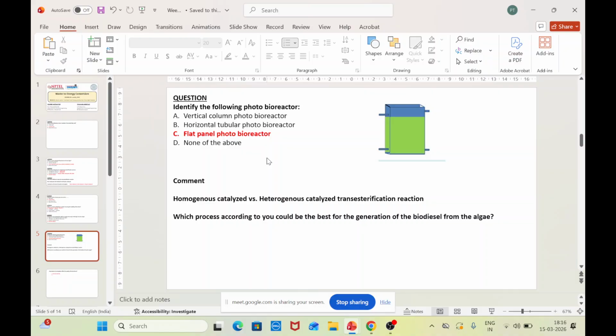So what are the factors that we need to consider for a process to basically determine which one will be useful or which one will be best?